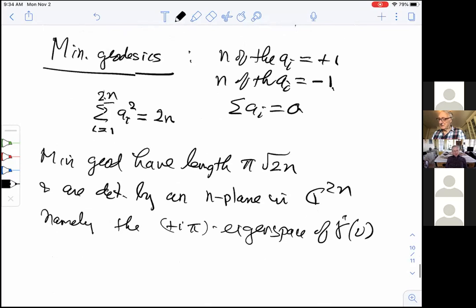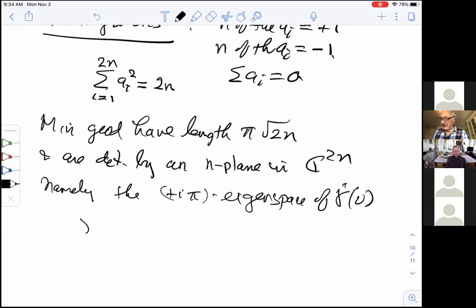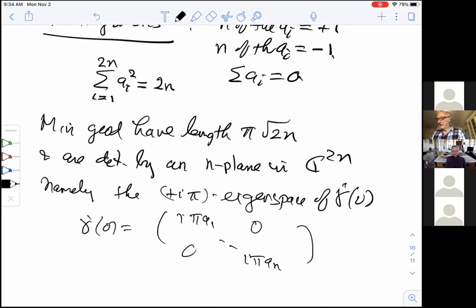So recall, after you conjugate, gamma dot of 0 looked like i pi a1 through i pi a2n. You need the ai to be odd integers, you need their sum to be 0, and you want to minimize the sum of the squares of the ai's. So the way we did it was to take half of them plus 1 and the other half minus 1.